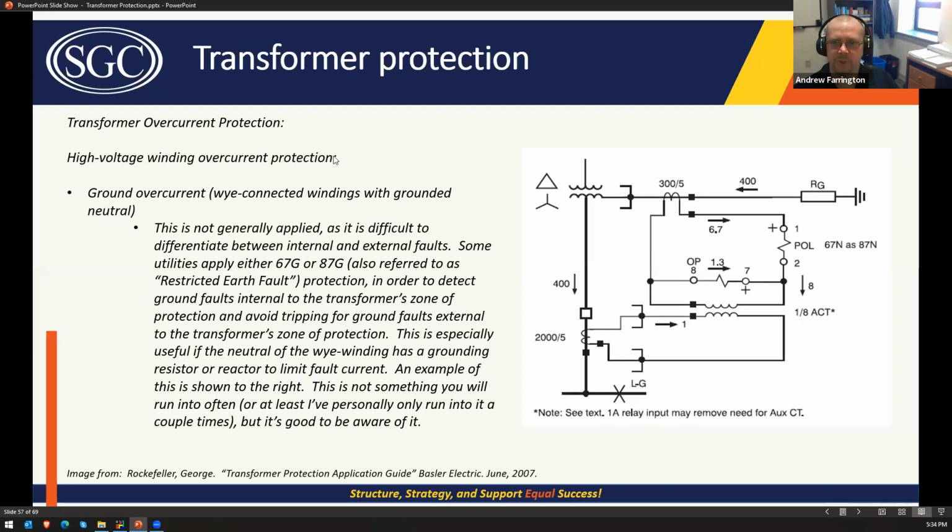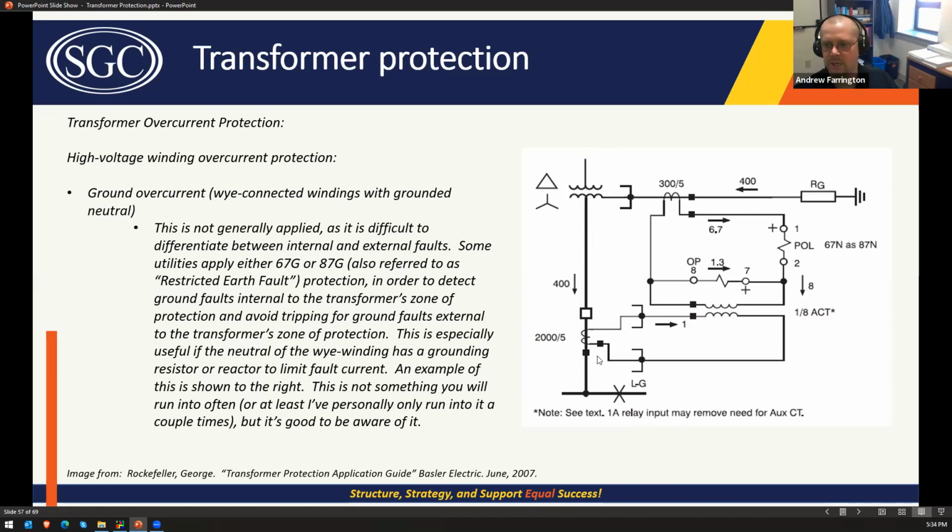If your high voltage winding is a Y winding with a grounded neutral, usually you don't apply an instantaneous element in this situation. If you can imagine, let's say this is the high voltage winding here, and this is the low voltage, that's the delta. Usually you wouldn't arrange it that way, but you understand what I'm saying.